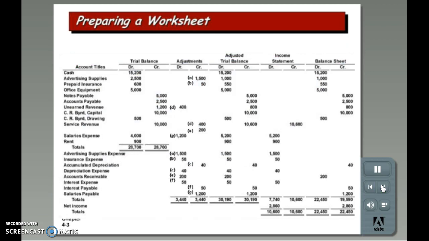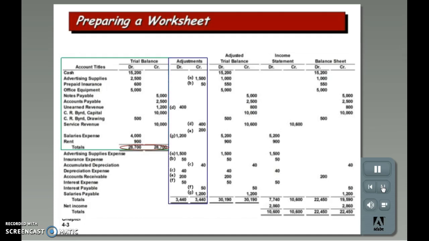Here is an example of a complete worksheet. The first section reflects the unadjusted trial balance and, as is true with trial balances, the debit total of $28,700 equals the credit total of $28,700. Next, the adjusting journal entries are recorded.